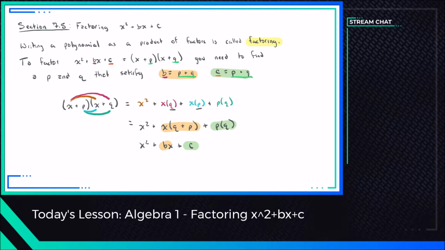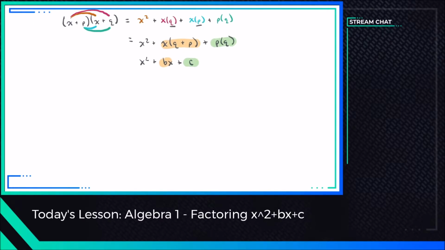I know this is probably a bit confusing when you're just looking at it with letters, so some examples would be the following. If we took an x squared plus 6x plus 5, sorry if you hear my cat meowing, that is going to be equal to an x plus 5 multiplied by an x plus 1.